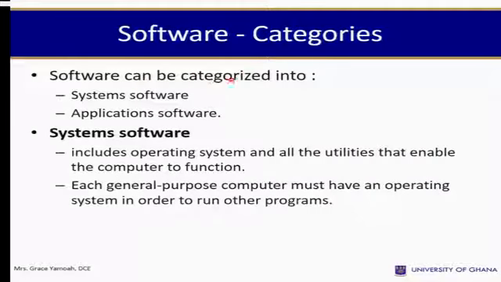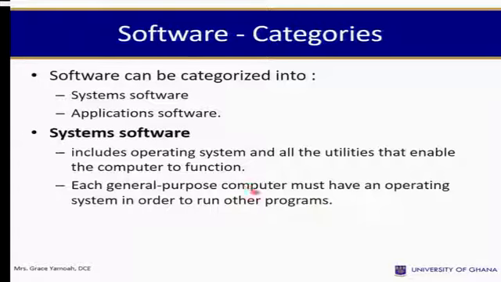Software can be categorized into two. We have system software and application software. System software includes the operating system and all the utilities that enable the computer to function. All utilities that control the motherboard system come under system software. Each general purpose computer must have an operating system in order to run other programs.